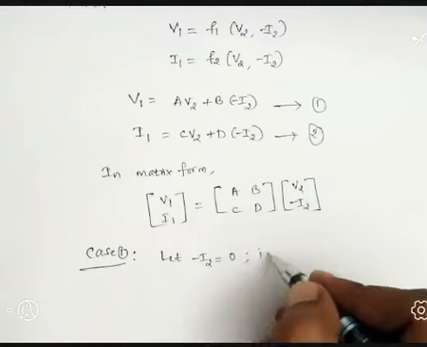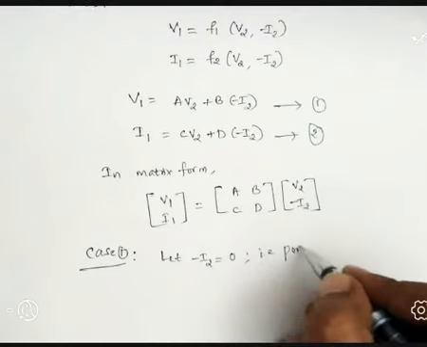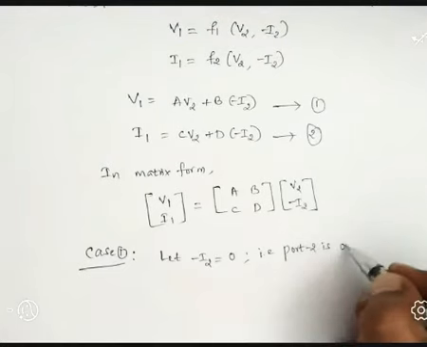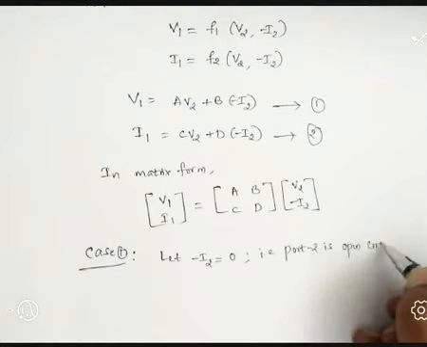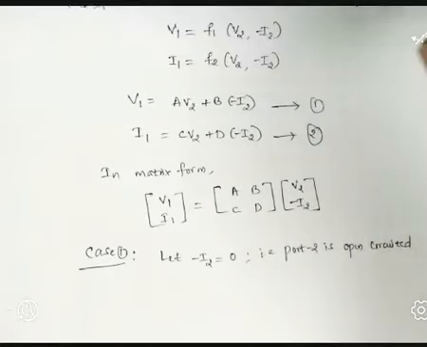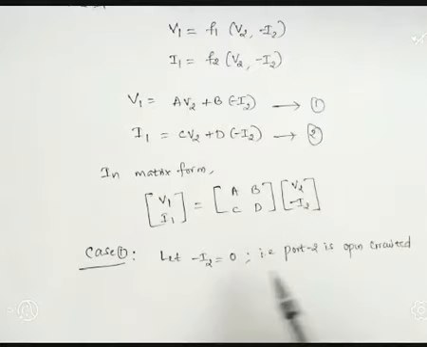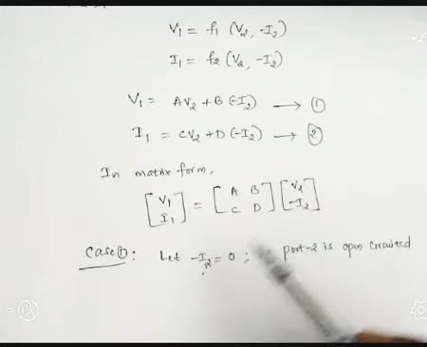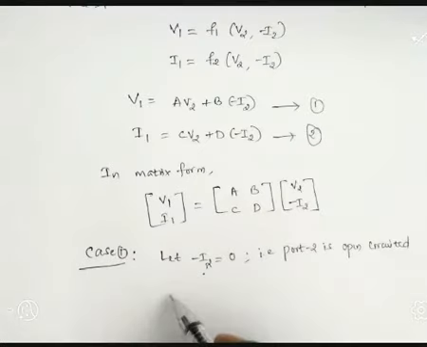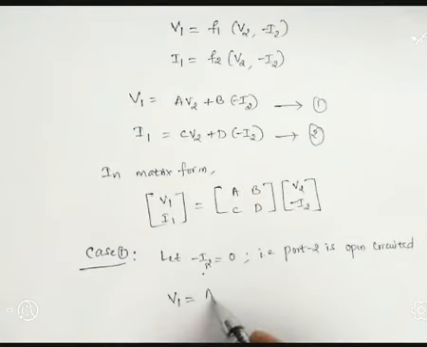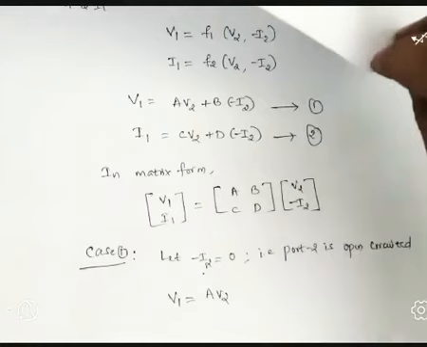That is, port 2 is open circuited. Port 2 is open circuited. So let us substitute in equation 1. If I substitute in equation 1, wherever I2 is there, substitute as 0, then the first equation becomes V1 equal to A into V2.